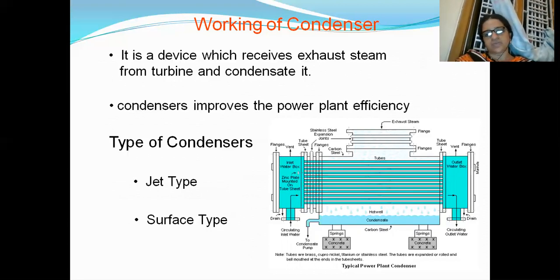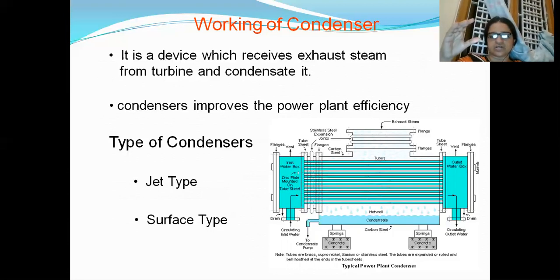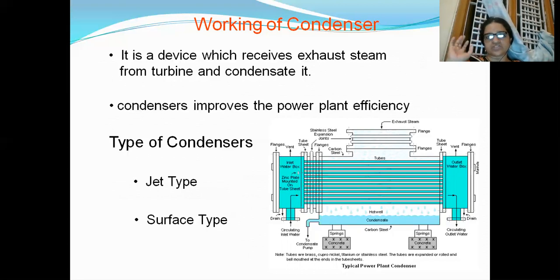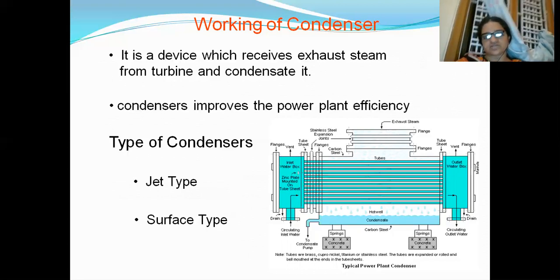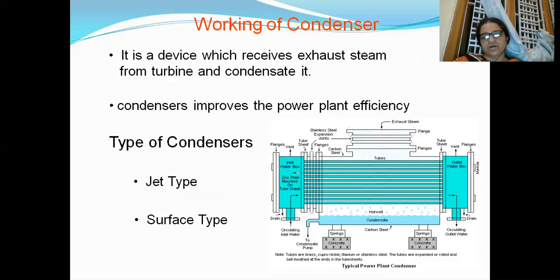The purpose of the condenser in a thermal power plant is that the exhausted steam obtained at the end of the turbine is allowed to pass through the condenser. This condenser improves the power plant efficiency.